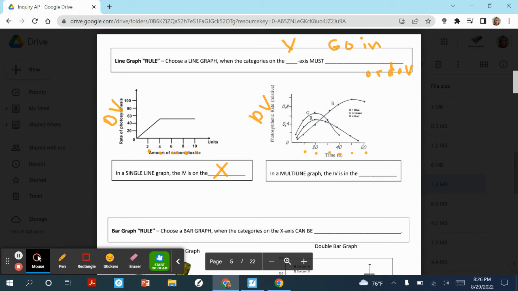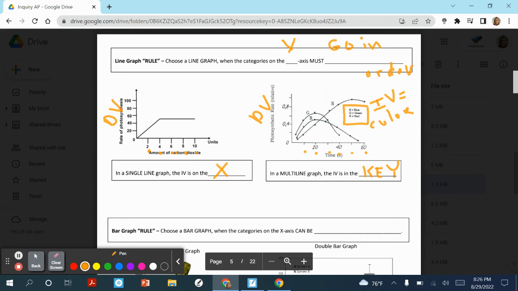So if you want to figure out what the independent variable is, here's the key. See how I have multi-lines? There's a key to those lines. So it looks like my IV equals color. Okay, so only on a multi-line graph is your IV in the key. All the other times your IV is going to be gotten from looking at what is listed along the x-axis.